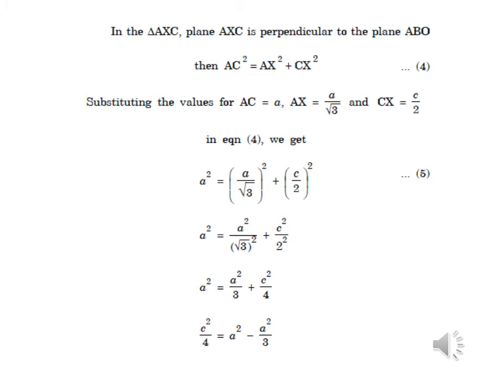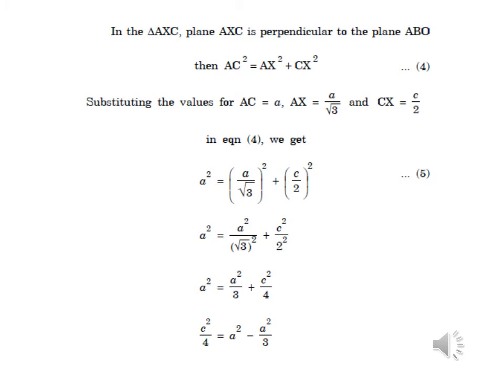Substituting these values for AC, AX and CX: AC equals A, AX equals A by root 3, CX equals C by 2.